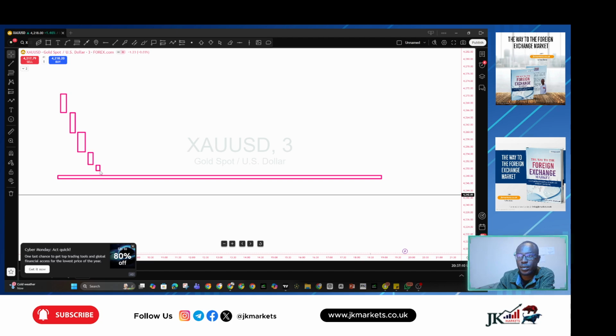Then, so these three candles are a morning star. Let me draw it in a different way.